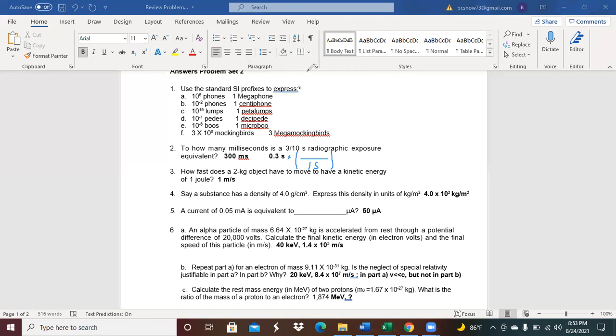Turn on the annotation here again. I'll just put this over here in text and kind of write it over here. So if I have 1 second, that is going to be equal to how many milliseconds?